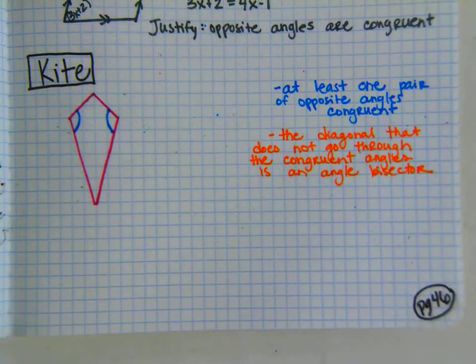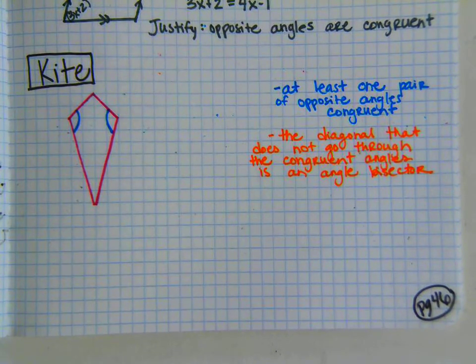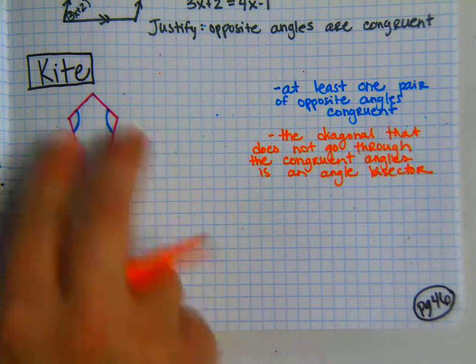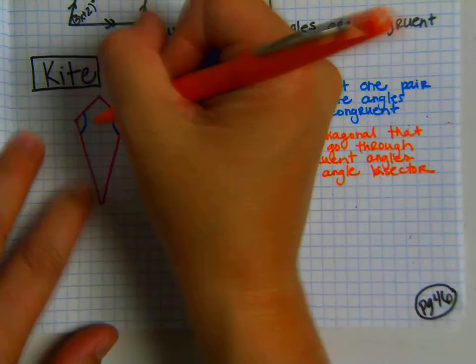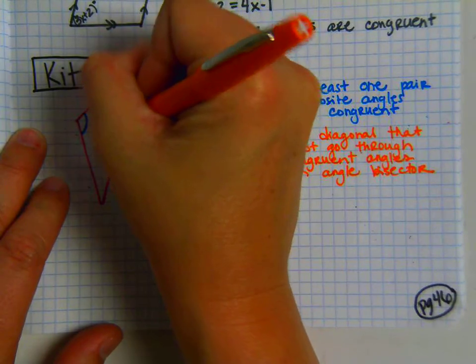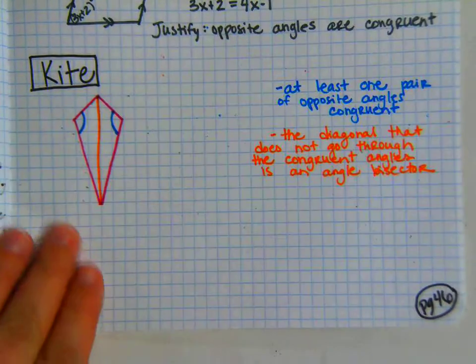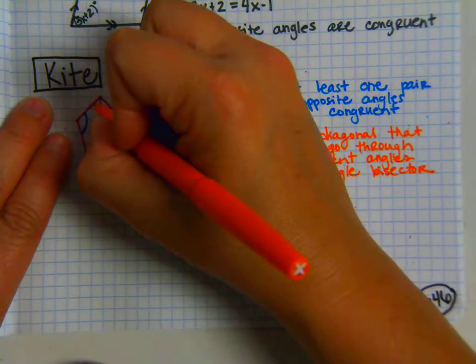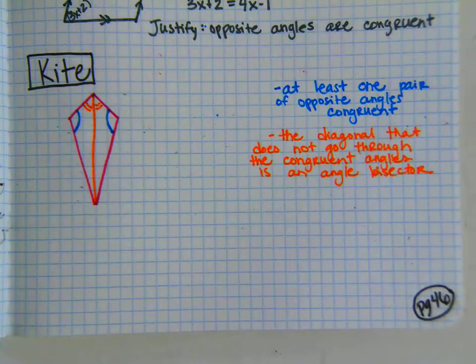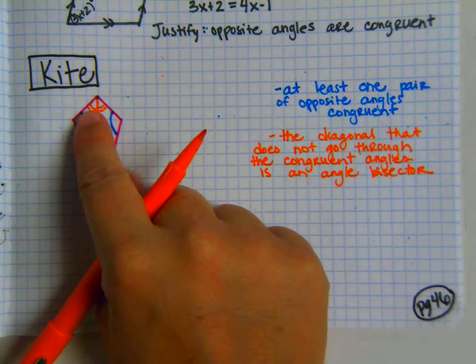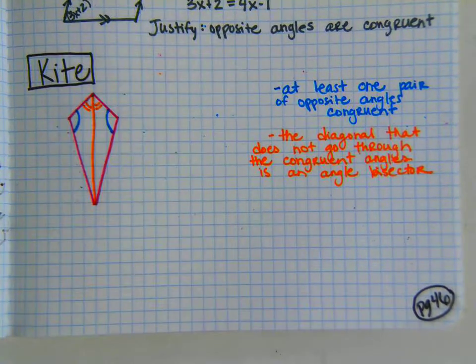So what does that mean? The diagonal that does not go through the congruent angles, so these are the congruent angles, these are the non-congruent angles, is an angle bisector. That means if I go like this, and I make that diagonal, it bisects that angle. So that means this little angle and this little angle are congruent because it is a bisector.